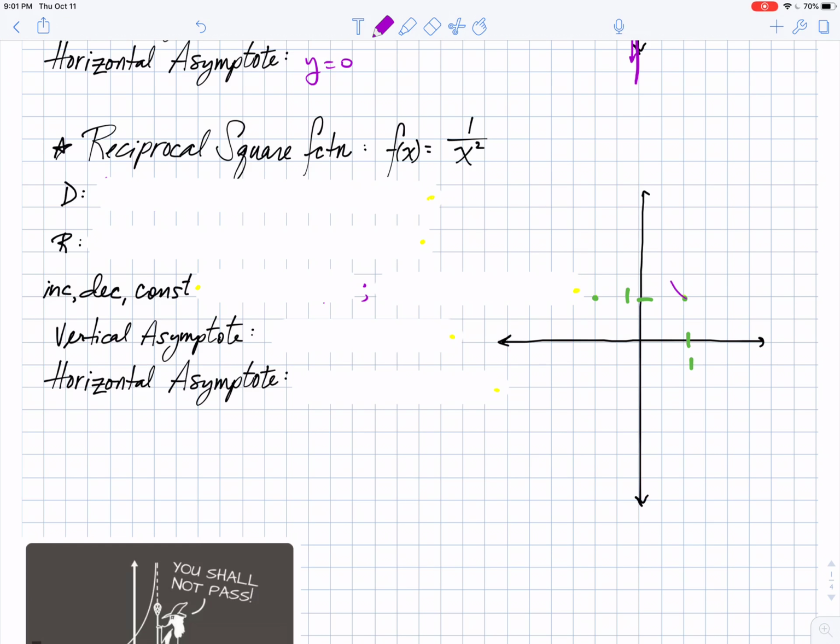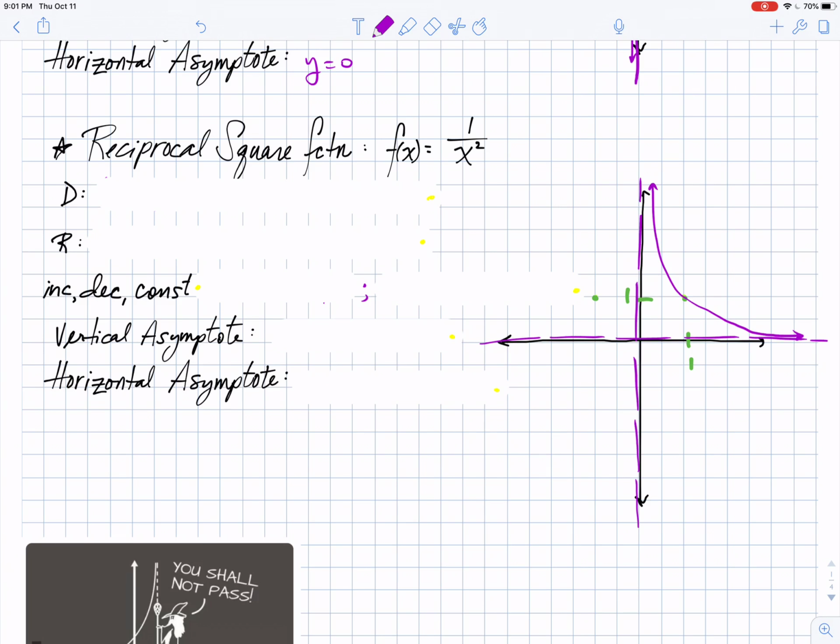The right side of my graph, my parent, actually looks very similar to the last parent. As well, I have my vertical asymptote and my horizontal asymptote for both of those. And then what you find here is the left side is different.